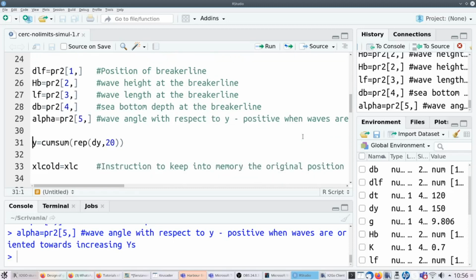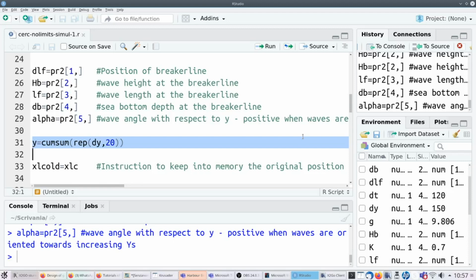Now, here we are computing the y coordinate. And the y coordinate, given that we know the delta y only, we need to integrate the delta y to compute the y's. And integration is given by the function cumsum, which means cumulative sum. And what is cumulatively summing this instruction?